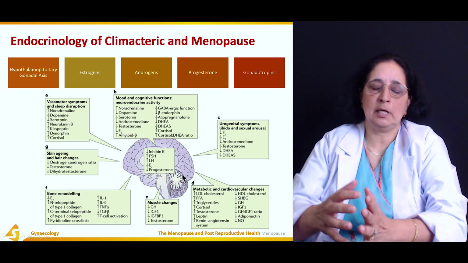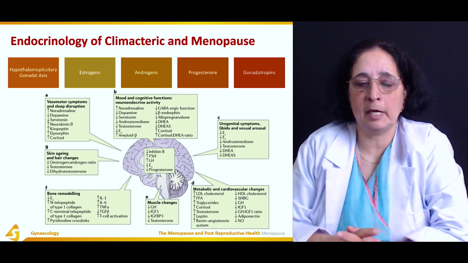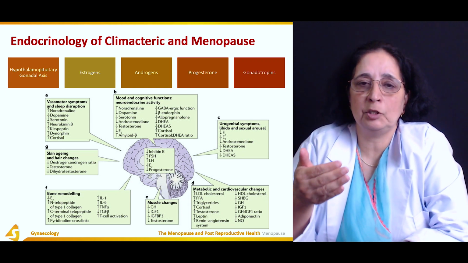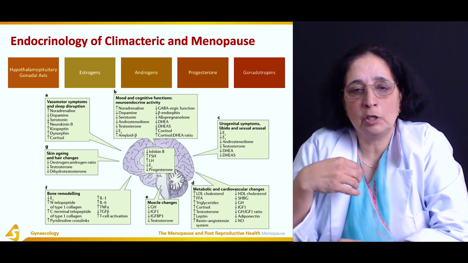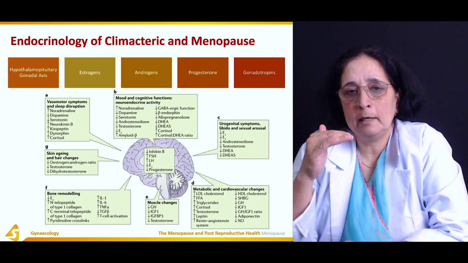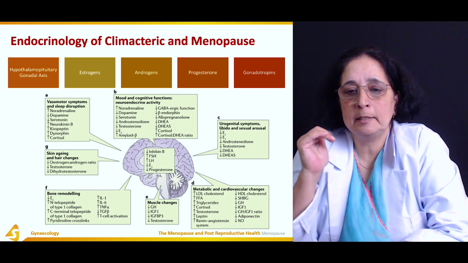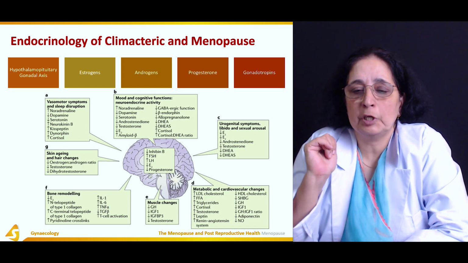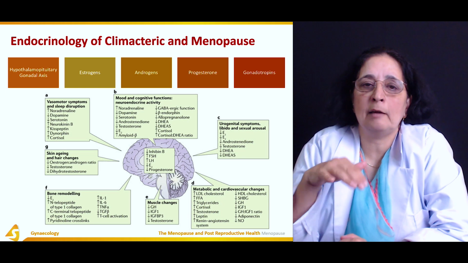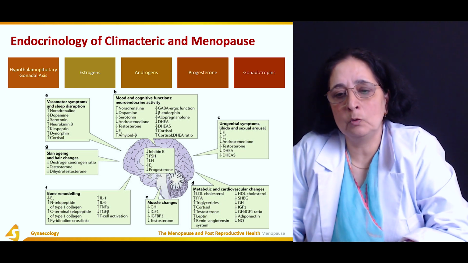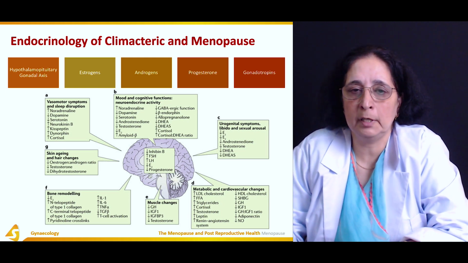So the main endocrine changes occurring at menopause are an increase in the secretion of follicle stimulating hormone and of luteinizing hormone, but in effect estrogen and progesterone are not increasing. There is a decrease in estrogen and progesterone levels, and that decrease after menopause leads to all the different changes that occur in different organs of the body.